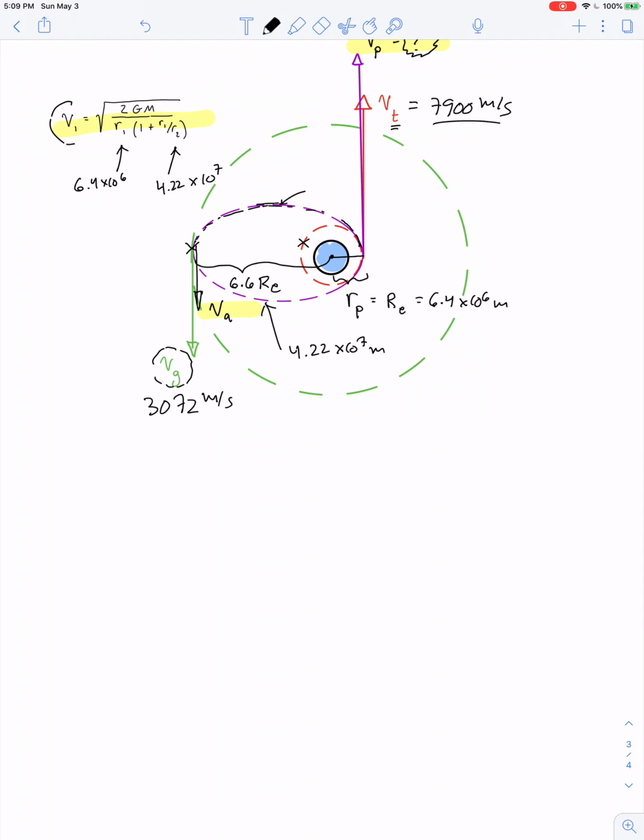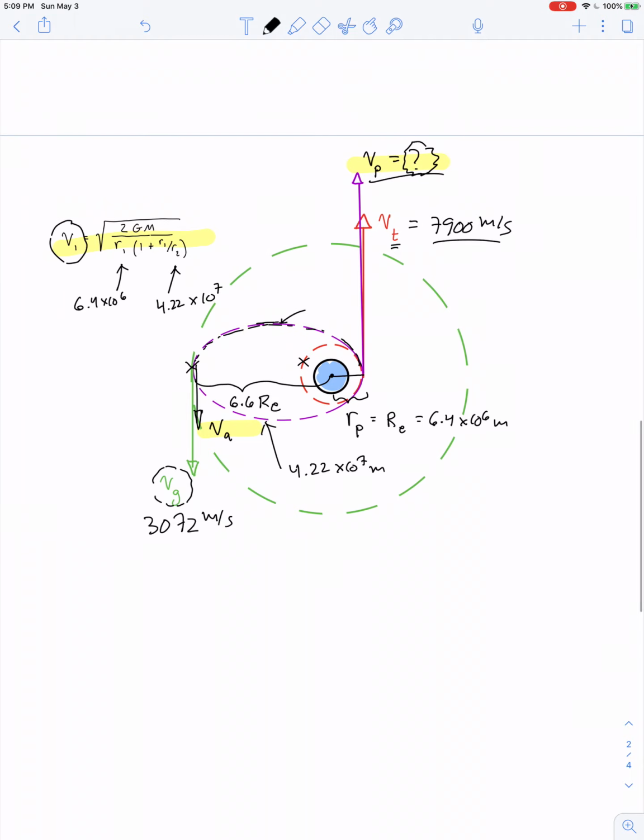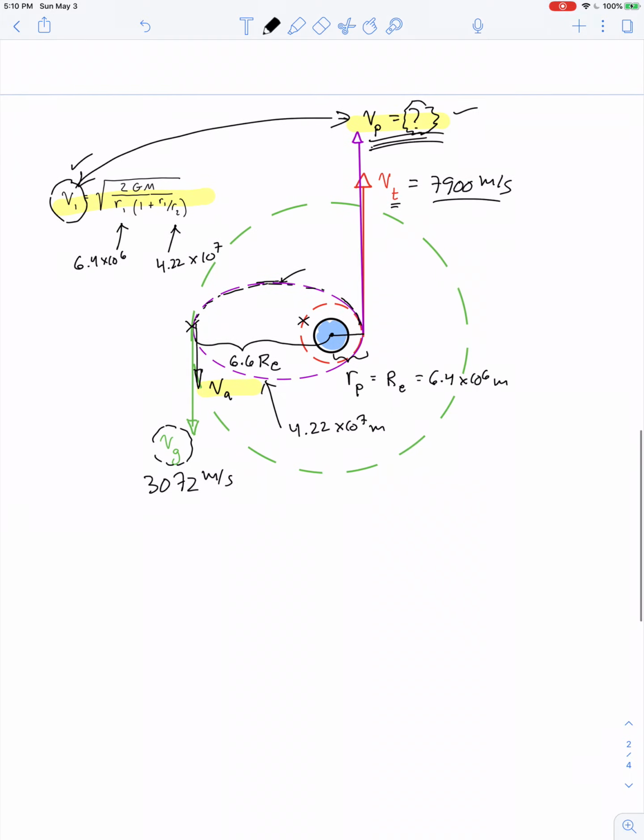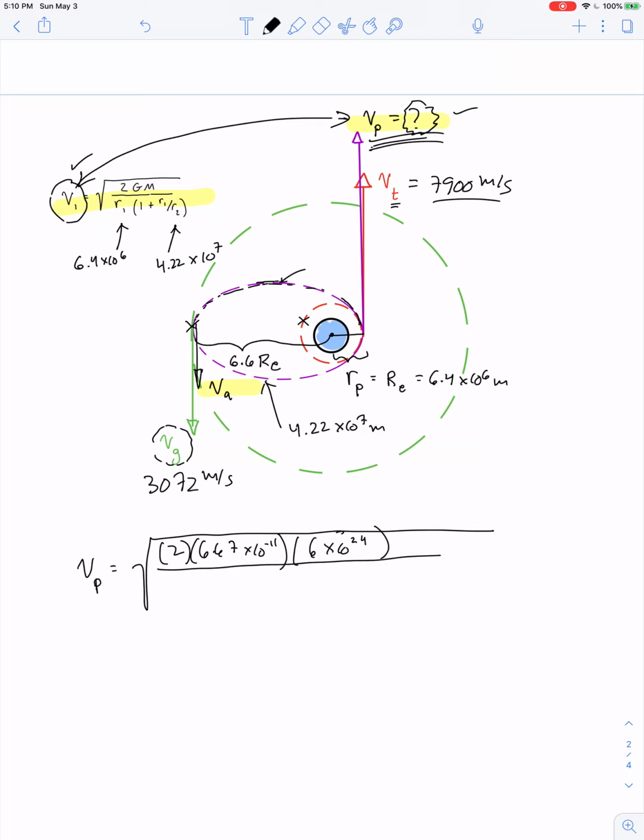So let's solve for this speed. So here V1 and what I'm calling VP, speed at perigee, are one and the same. So the speed at perigee has to be equal to the square root of 2 times 6.67 times 10 to the negative 11th times 6 times 10 to the 24th divided by 6.4 times 10 to the 6th times the quantity 1 plus.